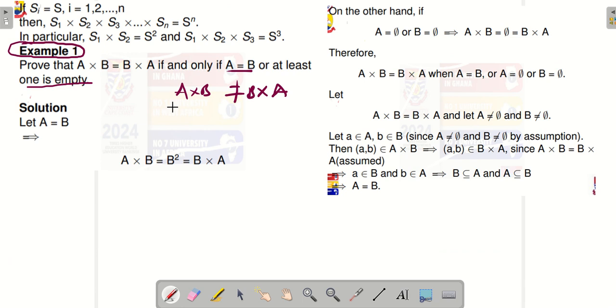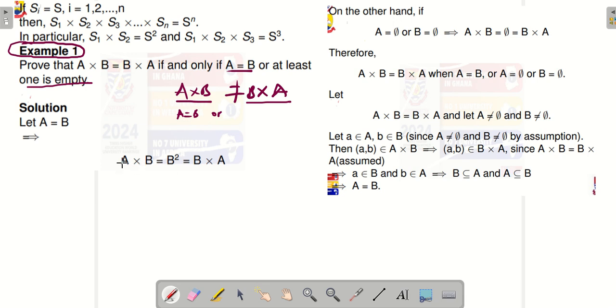But in this question, we are saying that the only condition for A cross B to be equal to B cross A is when either A is equal to B, or at least B or A is an empty set.